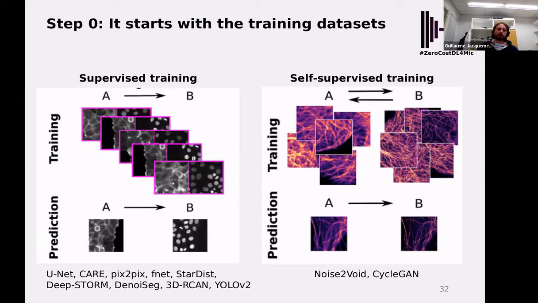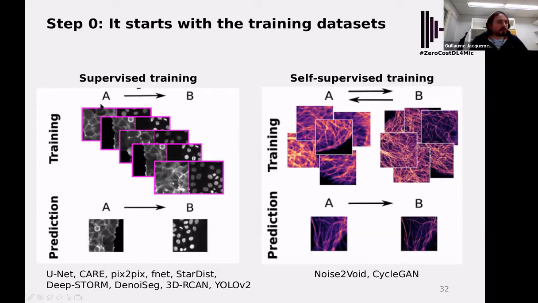If you wanted to do denoising, then you would provide a low quality image that's very noisy and the same field of view, which is a high quality denoised image. So the training data set is very specific. You need matching images.